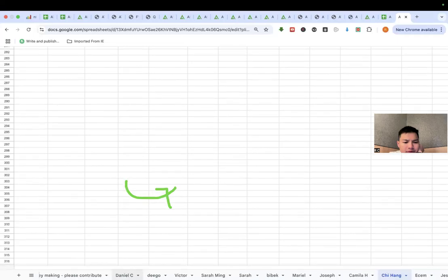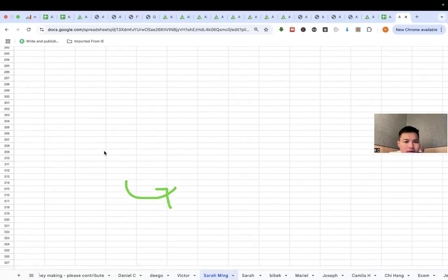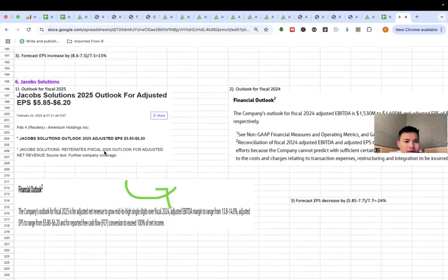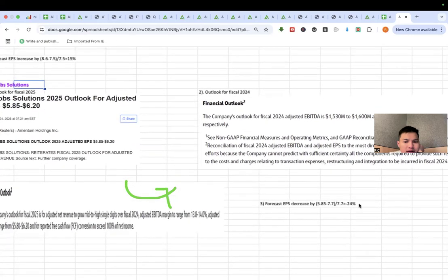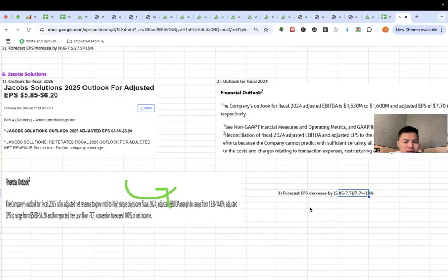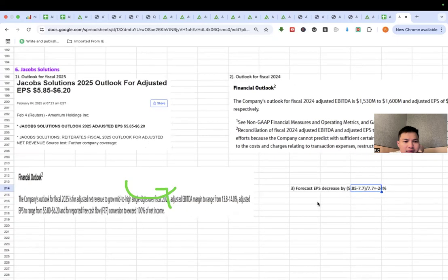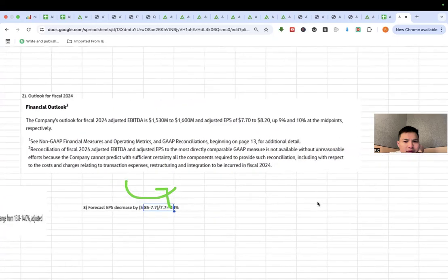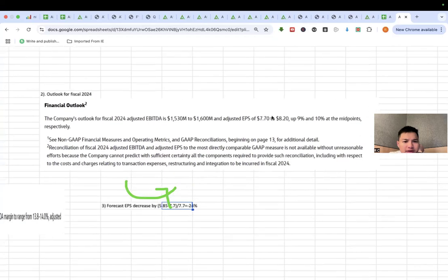I'm going to look at some students' homework, called Sarah. You found Jacob, forecast negative 24, is what? 5.85 minus 7.7. Try to highlight your numbers. 7.7 is here.